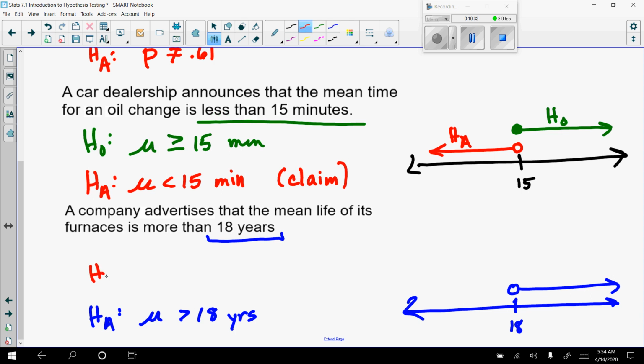The null hypothesis, the thing that we would hopefully prove to be false, is the opposite: mu is less than or equal to 18 years, meaning that the furnaces from the other companies are inferior or don't last more than 18 years. So that's going to be from 18 below. This would be the null hypothesis, and this would be the alternate hypothesis.